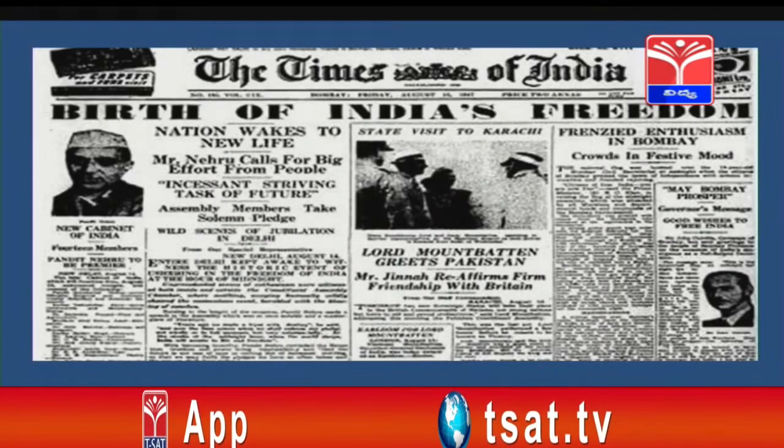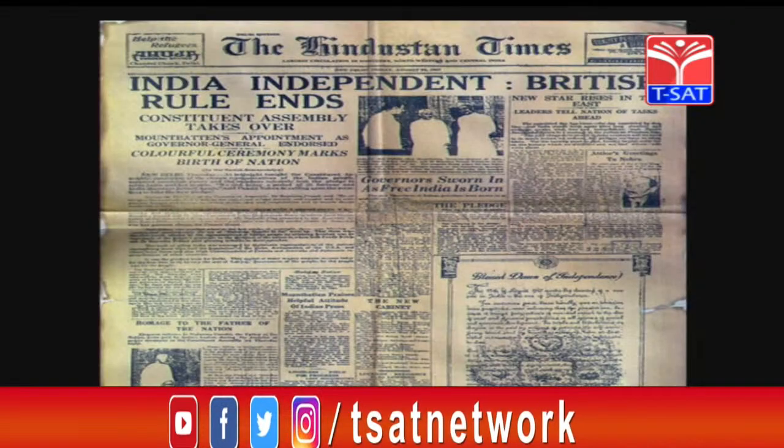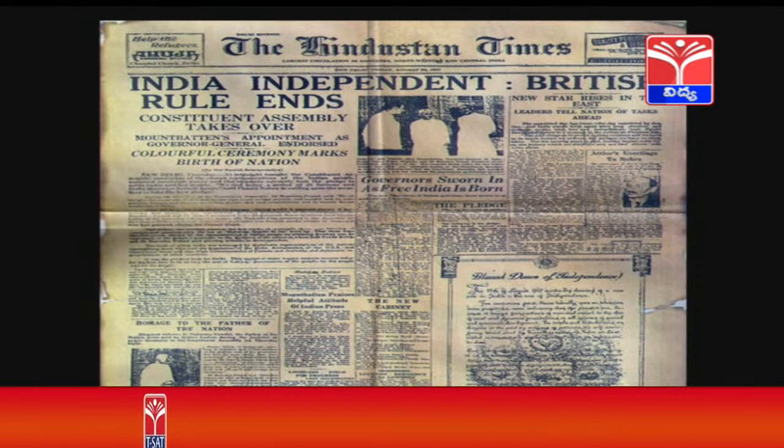If you read the preamble, you will come to know what the necessary things are that the people have given in our constitution. This is how India became independent, how the newspapers reported the birth of Indian freedom: India independent, British rule ends, and Indian leaders are going to take up the challenge as leaders. Let us see in the introduction what the main task for our leaders was and how they overcame it.